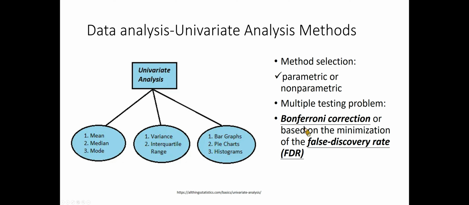Other less conservative multiple test correction methods are, however, available and are mostly based on the minimization of the false discovery rate. While Bonferroni and other FWER-based methods minimize the probability of at least one false positive in the overall set of tests, FDR-based methods minimize the expected proportion of false positives in the total number of positives.